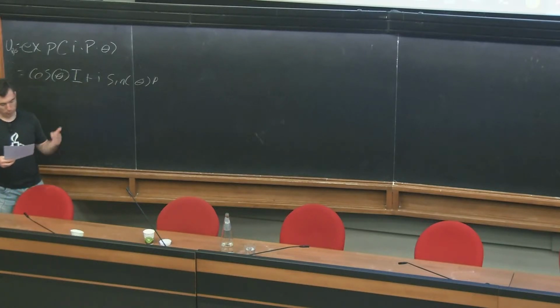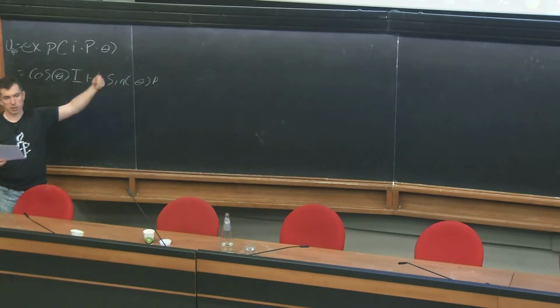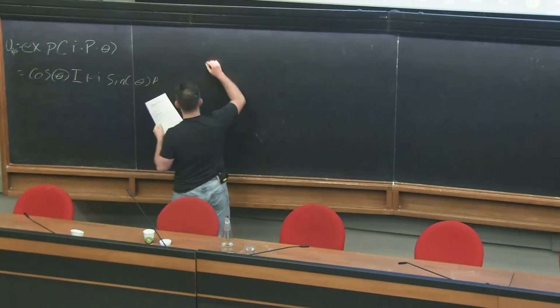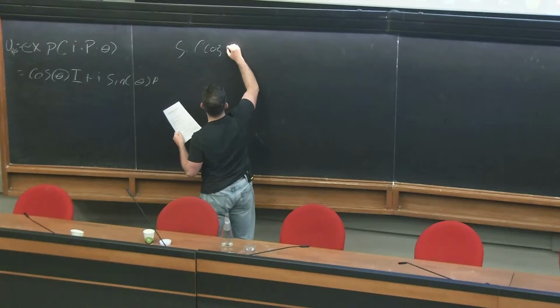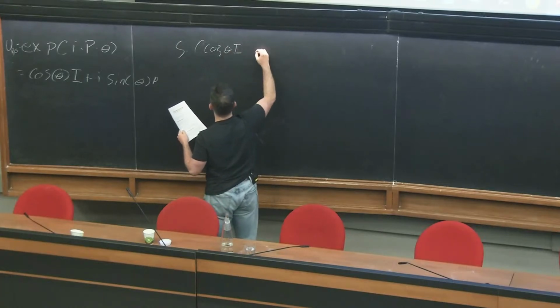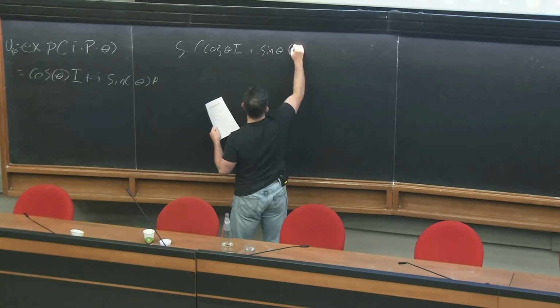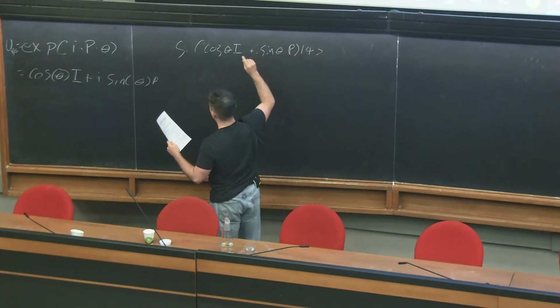What would happen if we applied this unitary to a stabilizer state that was stabilized by some stabilizer S, and then we measure S, and we assume that S anti-commutes with the Pauli? Because spoiler alert, if S commutes with the Pauli, nothing happens. So let's set up S times cos theta identity plus i sin theta P acting on psi. No, sorry.